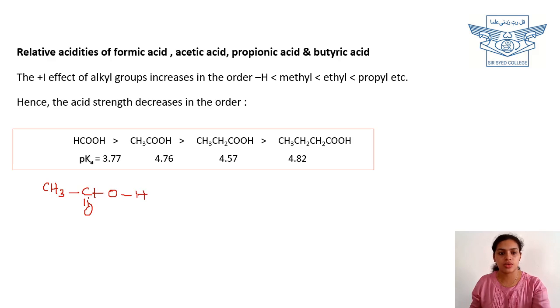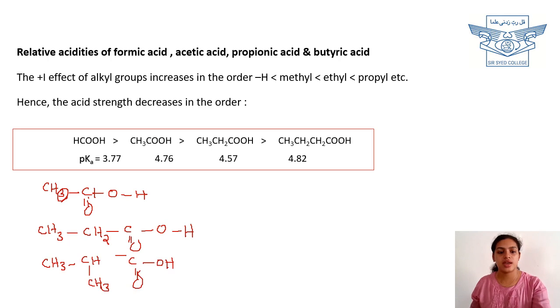Then if we replace this hydrogen with also a CH3 group, that will be CH3CH2COOH, and then again there could be (CH3)2CHCOOH, and the last one could be (CH3)3CCOOH. So here there is CH3COOH.